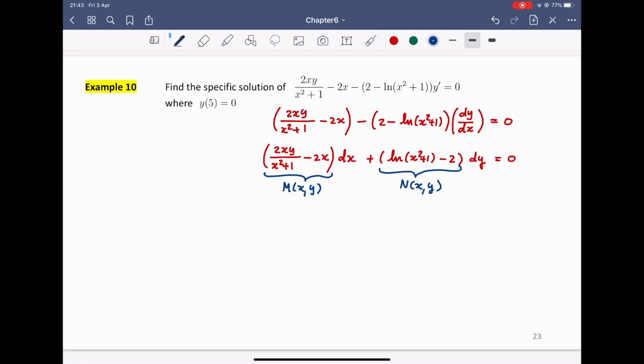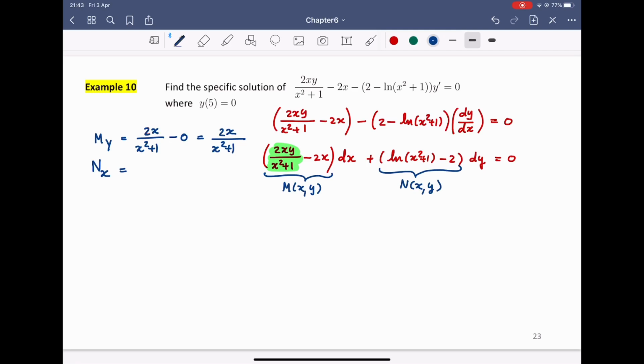So I'm going to differentiate my M with respect to y, differentiating this term that I highlight in green with respect to y. So I have 2x over x squared plus 1, and then differentiate negative 2x with respect to y, so I get 0. So this is 2x over x squared plus 1. And then for N, I differentiate with respect to x.